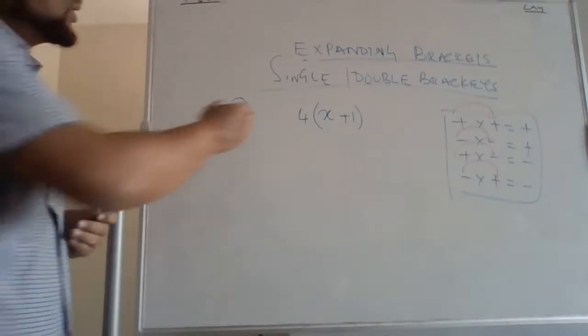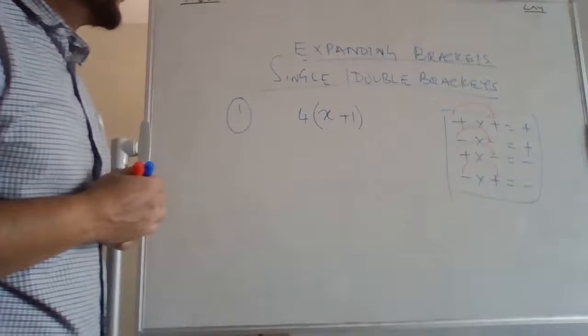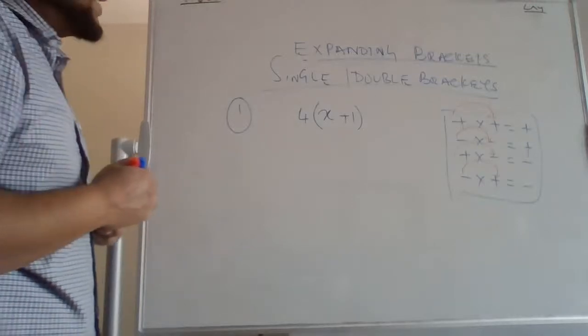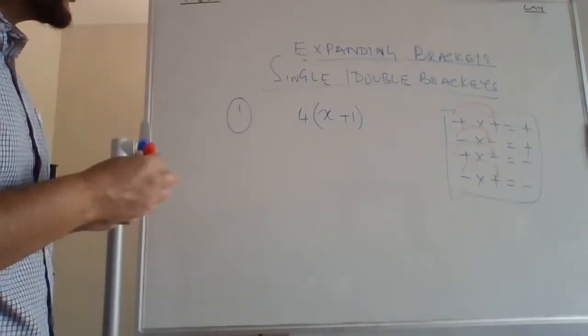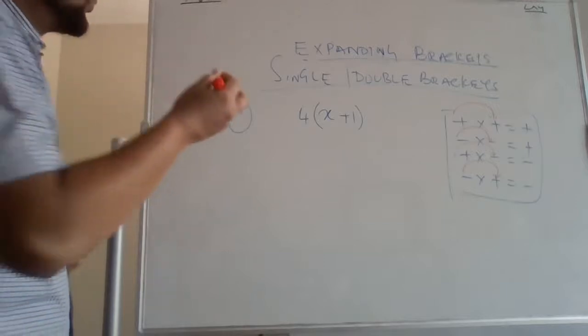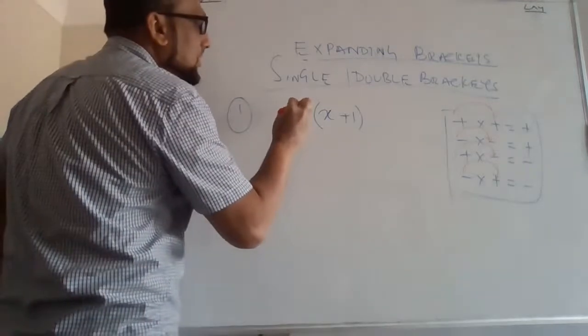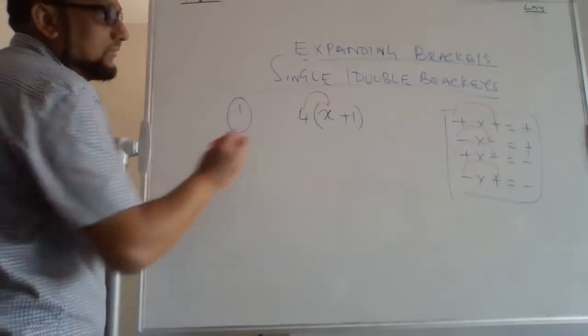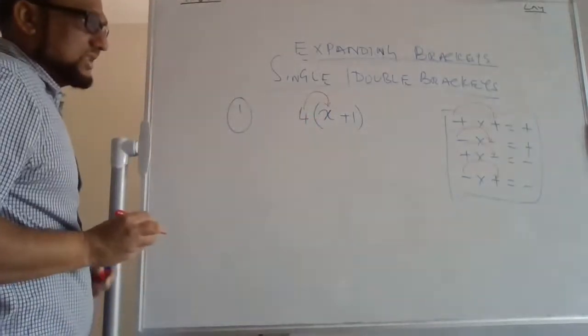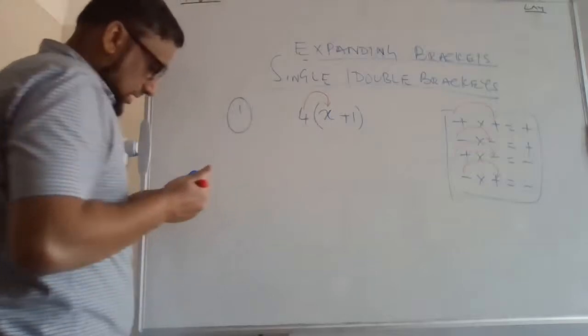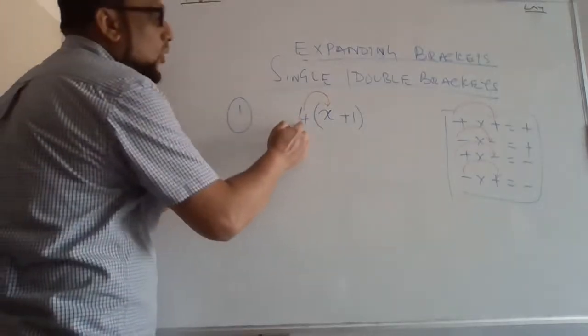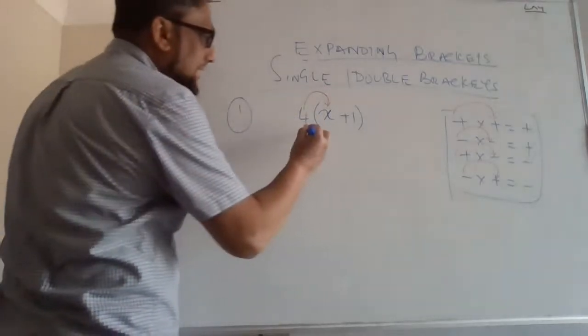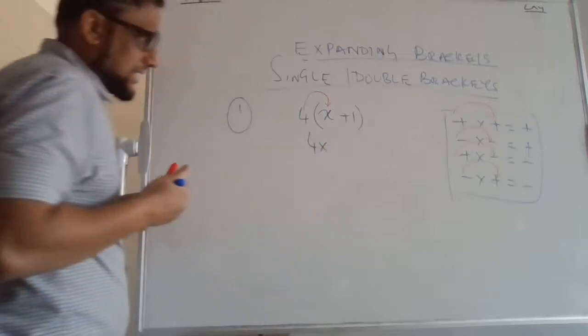So the first example I took is the bracket x plus 1. So how does it work? First we need to times this 4 with x, the first step. So when I times 4 times x, it is 4x.